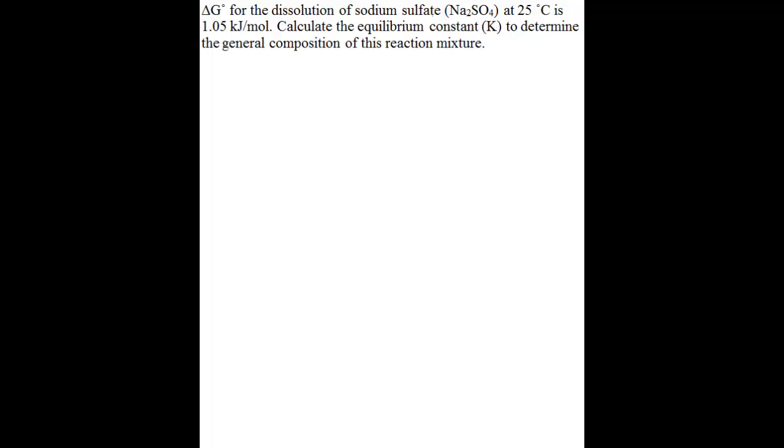So the important relationship to know to solve this type of problem is that delta G naught is equal to negative RT ln K. R is the ideal gas constant, T is the temperature in kelvins, and K is the equilibrium constant.